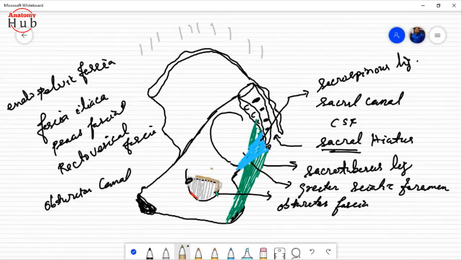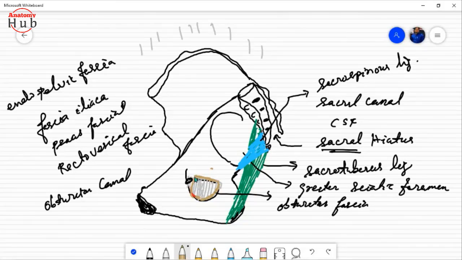Then from this obturator fascia, and from the outer margin of the obturator membrane, here you'll find a muscle, right? So this is the inner side. We are looking at the hip bone. So this is actually part of the pelvis, the sagittal section of the pelvis, right?